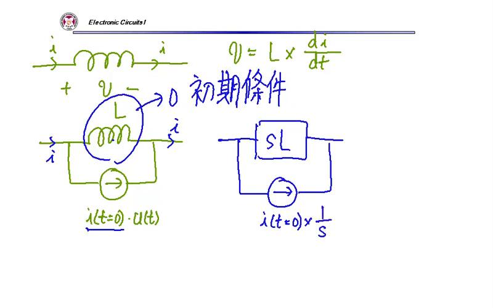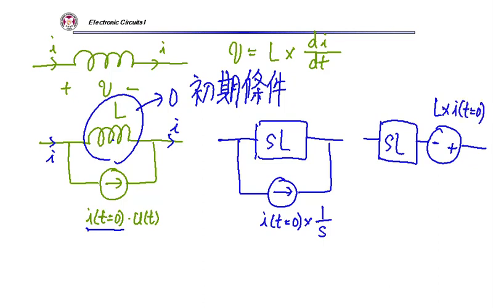Okay, so this is a Norton form. If I write it in Thevenin form, it should be like that. The open circuit voltage should be L times I(t=0). Okay?